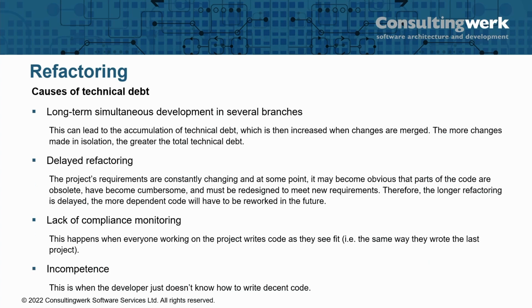Again, this is similar to what I said, but it's the last 2 points which I really want to emphasize. It's the lack of compliance, i.e. not following your company's guidelines, whether for variable names or method names, and as much as I hate to say it, it's incompetence. We are all incompetent to a certain degree because we have our own thoughts, thinking, oh, I know better, I'll do it this way.